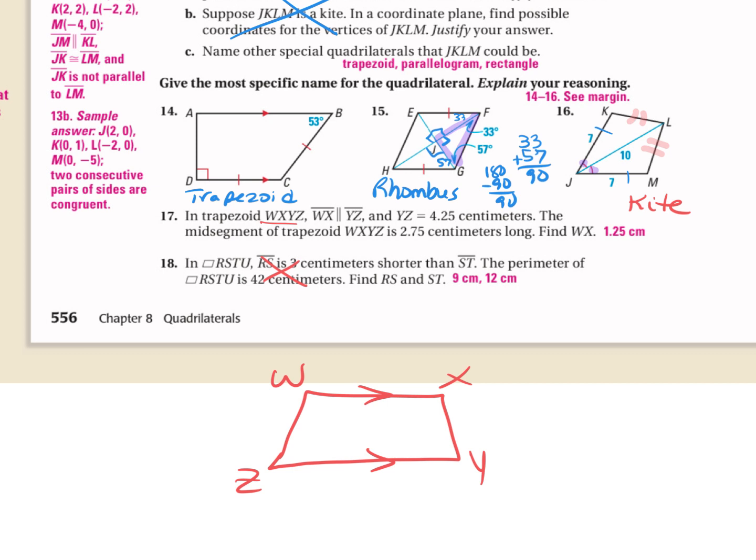And it says that YZ is 4.25 centimeters. It's giving me the measurement of the mid-segment. So remember, the mid-segment is going to hit here at the midpoints. And it's giving me a length of 2.75. So it wants me to find this other side of the trapezoid, this other base.